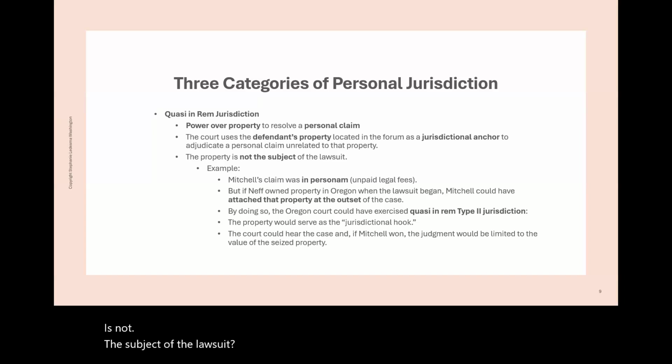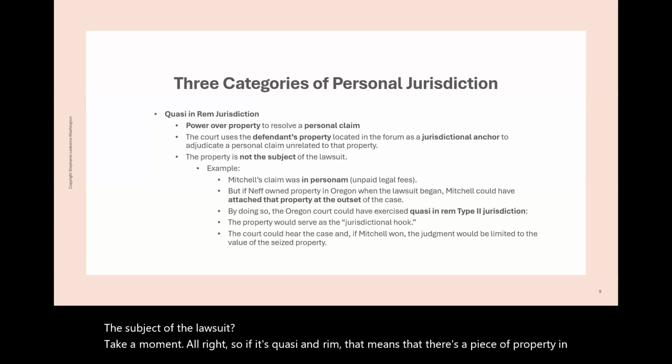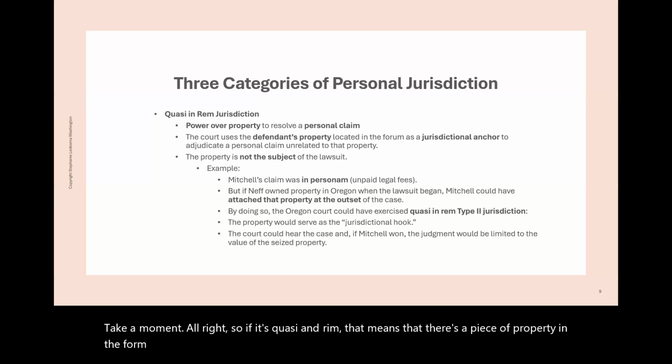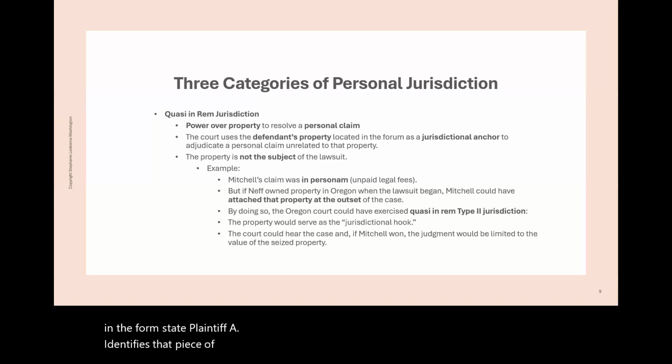Take a moment. So if it's quasi in rem, that means that there's a piece of property in the forum state. Plaintiff A identifies that piece of property at the beginning, at the onset of the lawsuit, and says, I don't want this property, but this property is in the forum state.